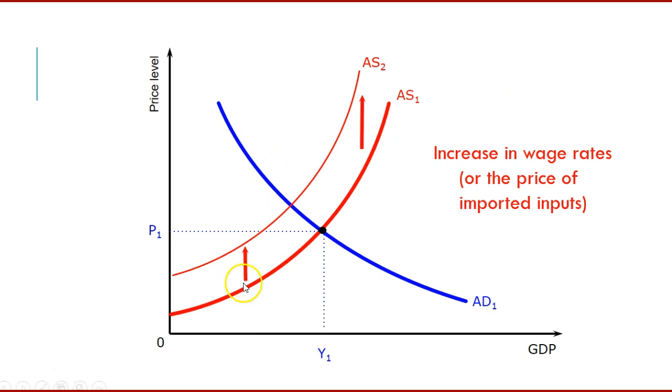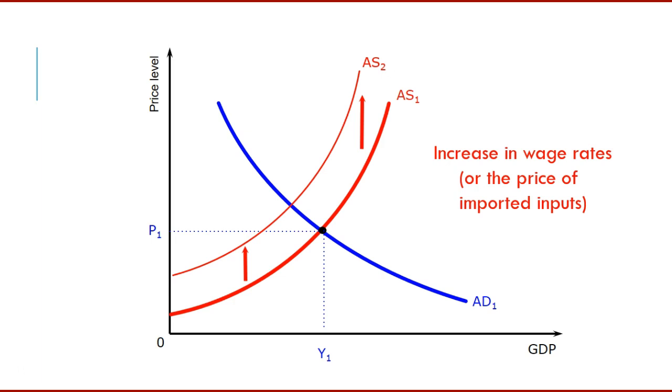As I've said, an increase in the wage rate means that the costs to the suppliers increase, and so they would have to shift upwards the prices that they would charge in order to cover those higher costs for the same amount of output, no matter what that output happens to be. So we shift the curve upwards, reflecting the idea that we're increasing the costs of production at any given level of output.